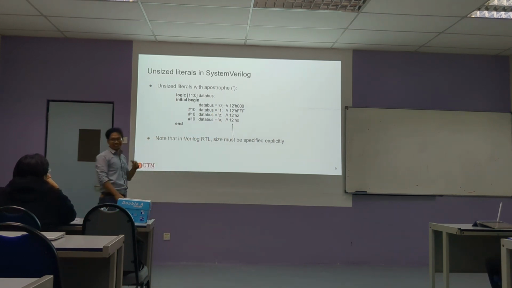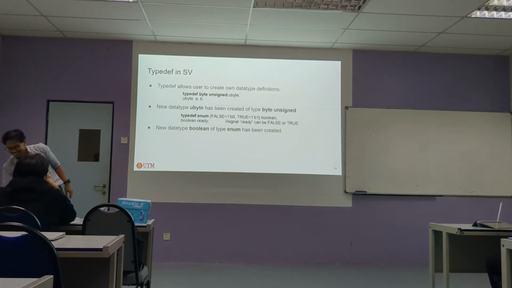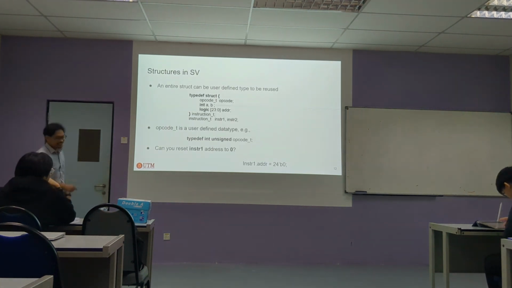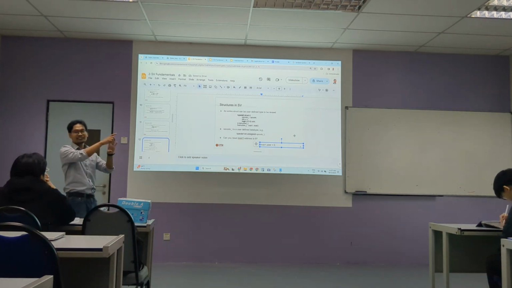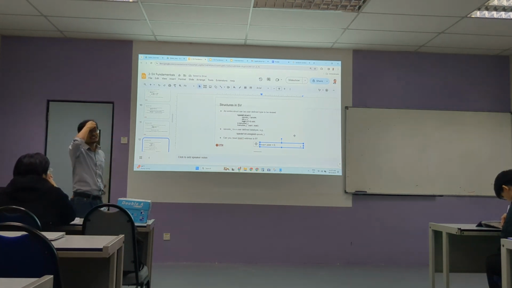Okay, yang ini jawapan dia boleh macam ni, tapi this one is not recommended for SystemVerilog. For SystemVerilog, you just want to go apostrophe 0 ataupun you can put 0 pun. Saya rasa kalau you put 0, semua 0 00000.